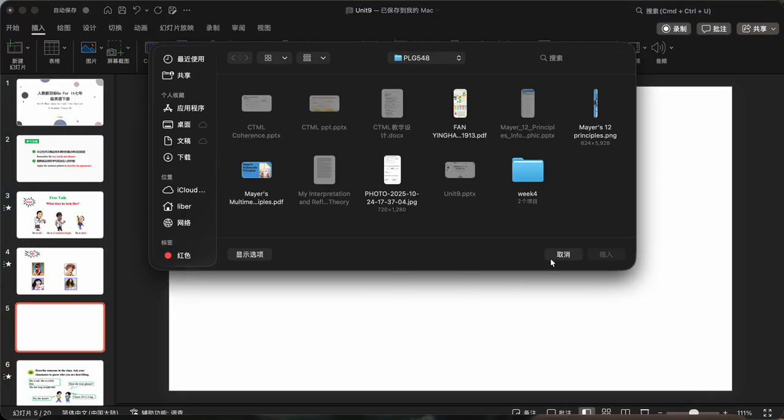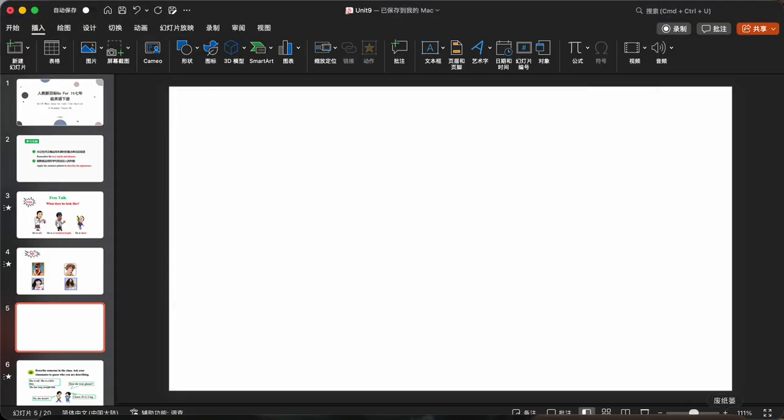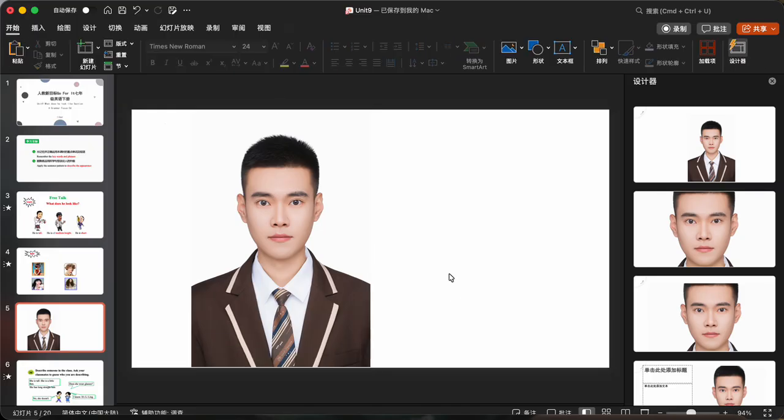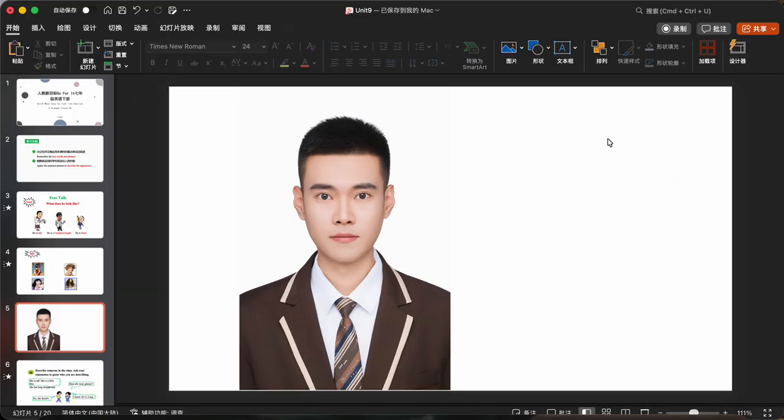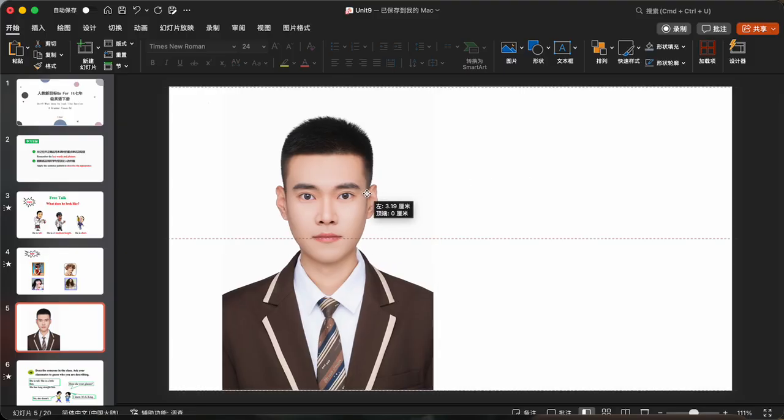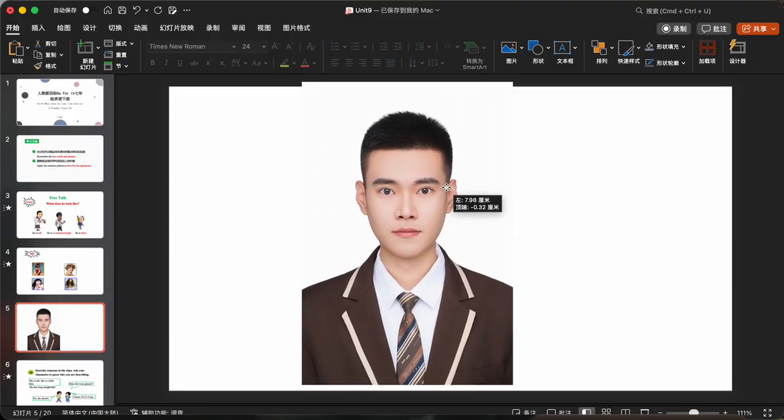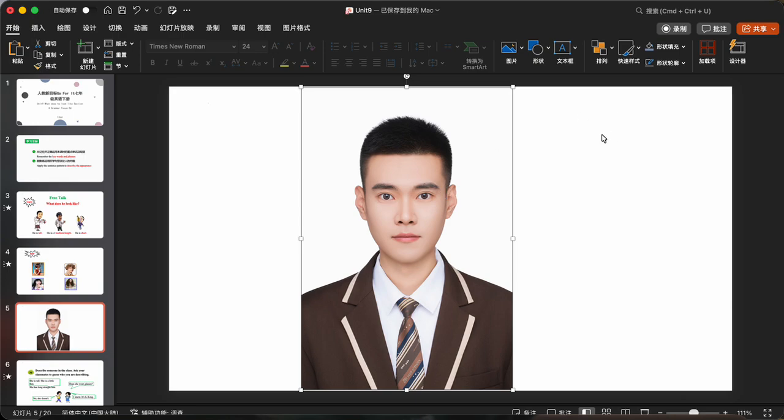So here I want to add a new activity which uses the image principle, and I want to make my own pictures, and I need to add some arrows.